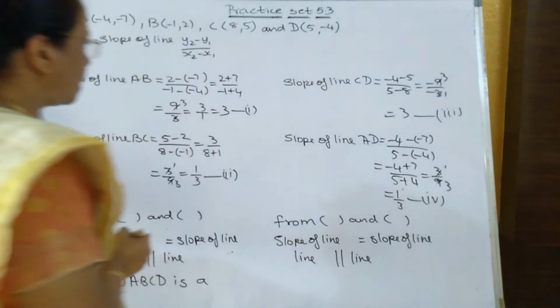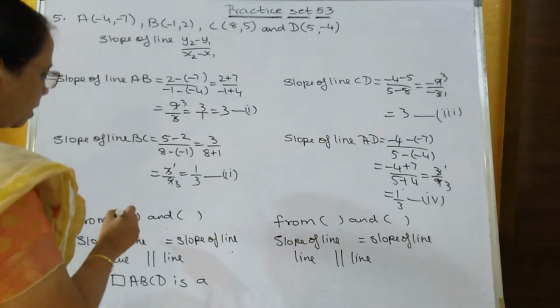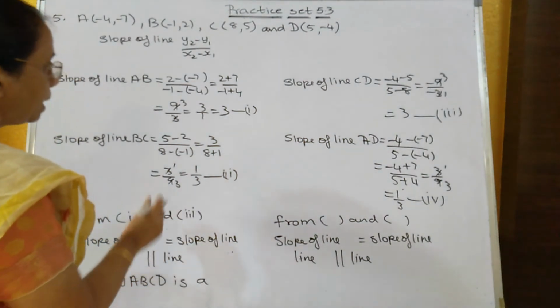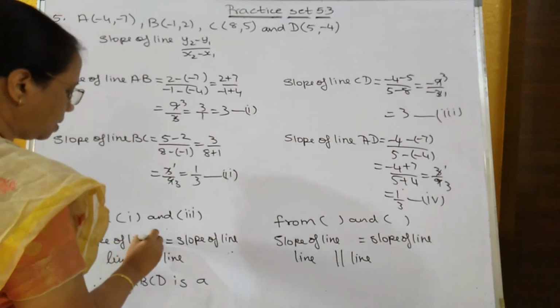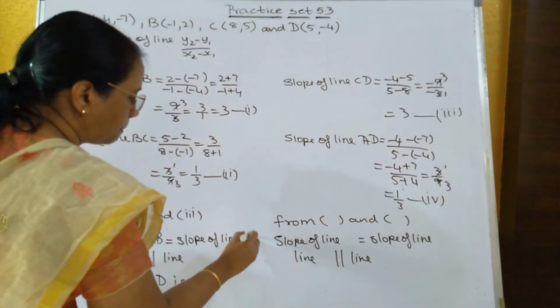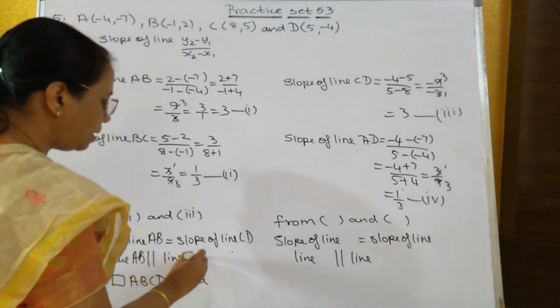Now if you compare 1 and 3, what we get is that the slope of line AB is equal to the slope of line CD. Therefore line AB is parallel to line CD.